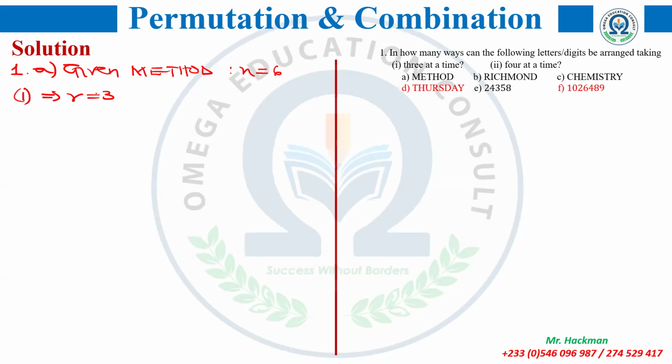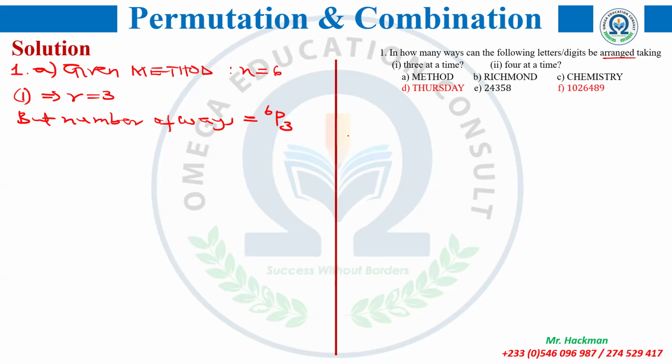As we move on, like I said, the next one, that's where you have to be very particular about the presentation. Now we are looking for in how many ways. So we are looking for the number of ways. So I can write number of ways will be equal to, we know we are dealing with arrangement. It will be 6, arranging how many of them? 3.